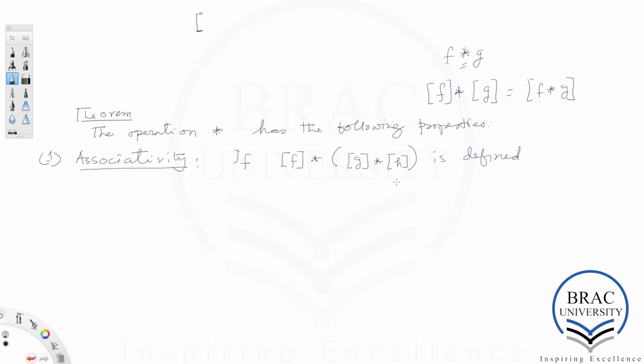So if this is defined, so is this. The associativity means if one is defined, the other is automatically defined, and they have to be equal, and they are equal. This is what associativity states.